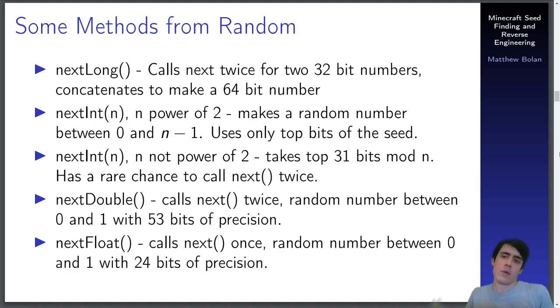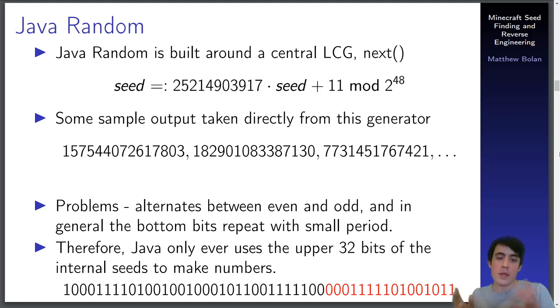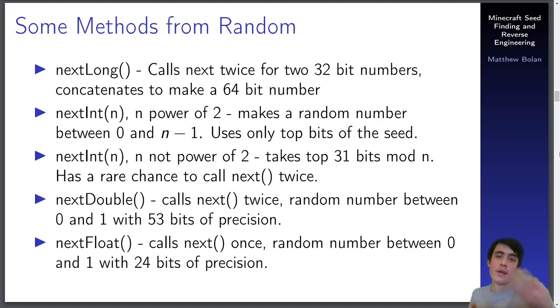So yeah, let's just quickly go over them, because it's not super important to know what all these are, but we've got next long, which gives us a 64-bit number. So that's a number between 0 and 2 to the 64. Well, signed in Java, so between negative 2 to the 63 and positive 2 to the 63. And next long is interesting because this internal LCG only gives you 32 bits at a time. So how can you make a 64-bit number?